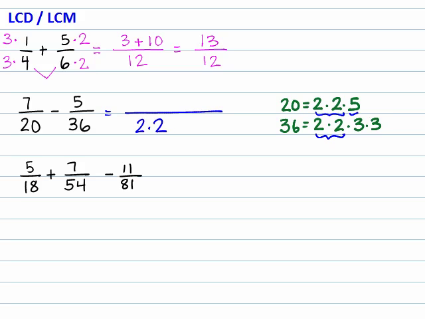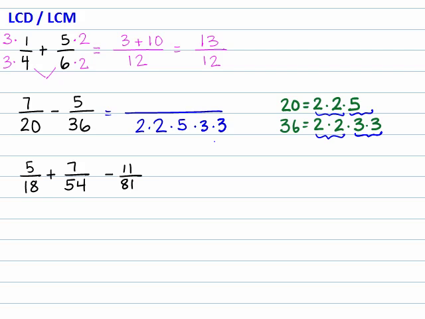I see a 5, it is in the first power in the first denominator and it's in the 0 power in the second denominator. 5 needs to be in the least common denominator. And I see 3 squared in the second denominator. 3 squared has to be in the least common denominator.